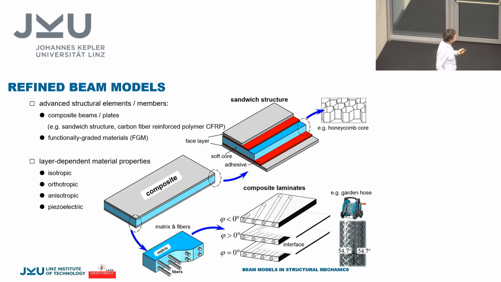The strength comes from the fibers, and this is for example carbon fiber or glass fiber. And this is also very interesting, for example in sports equipment, because if you stick these layers together and rotate them against each other, you can increase the strength of such a structure.